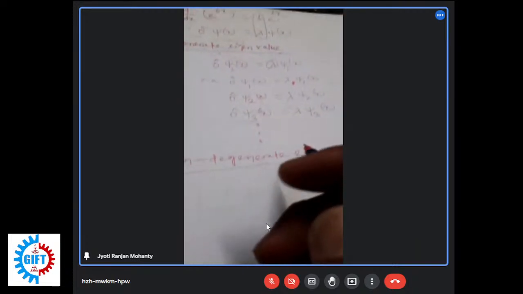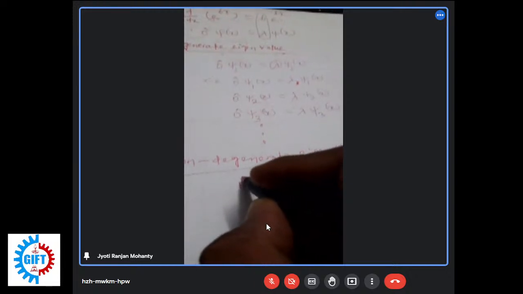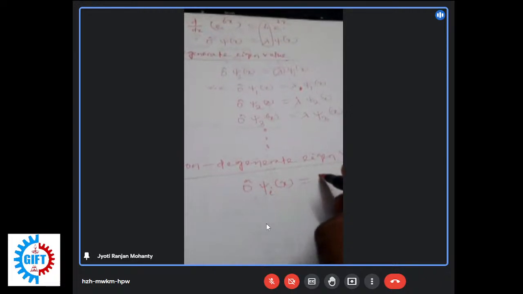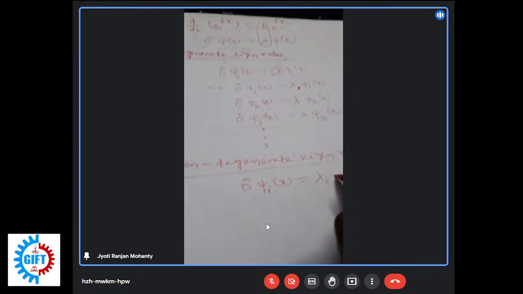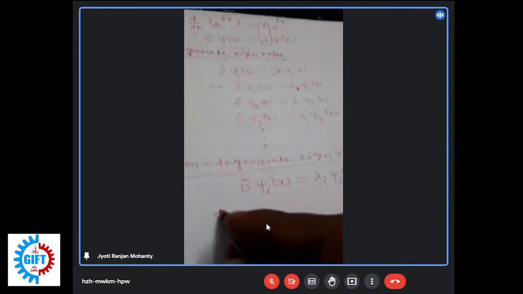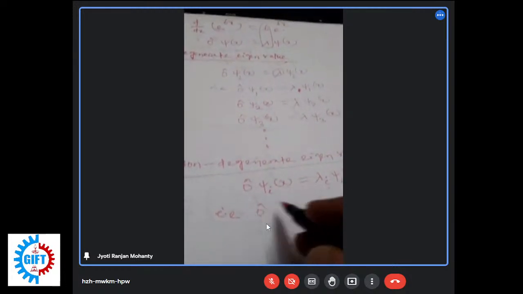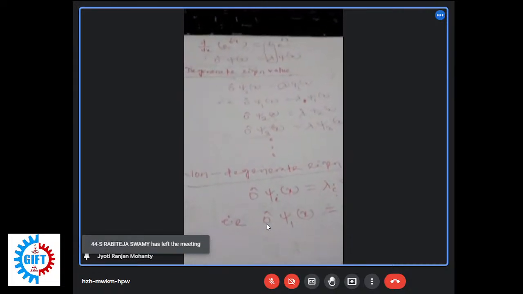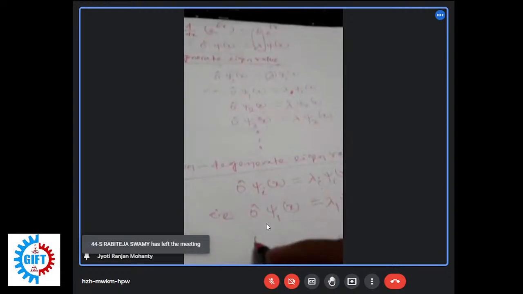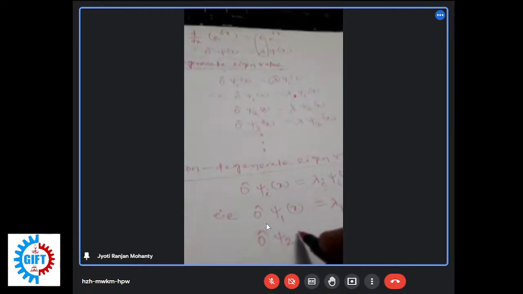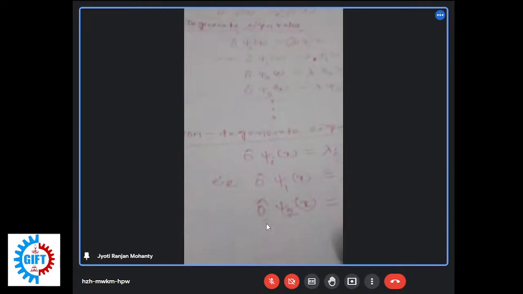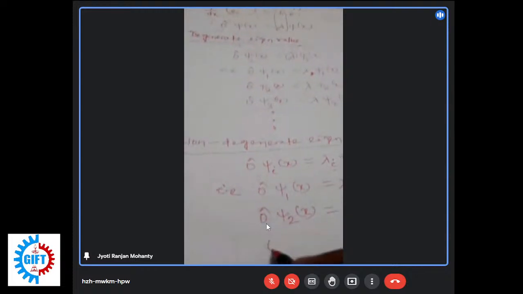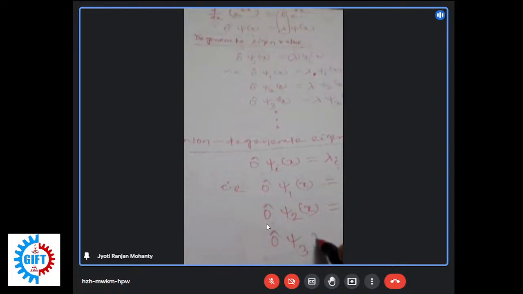Okay. So here what will happen? O cap psi I x is equal to lambda I psi I x. That means for each eigenfunction, if you take psi 1 x, it will be lambda 1 psi 1 x. If you take psi 2 x, it is lambda 2. So if the eigenfunction changes, then lambda also changes.